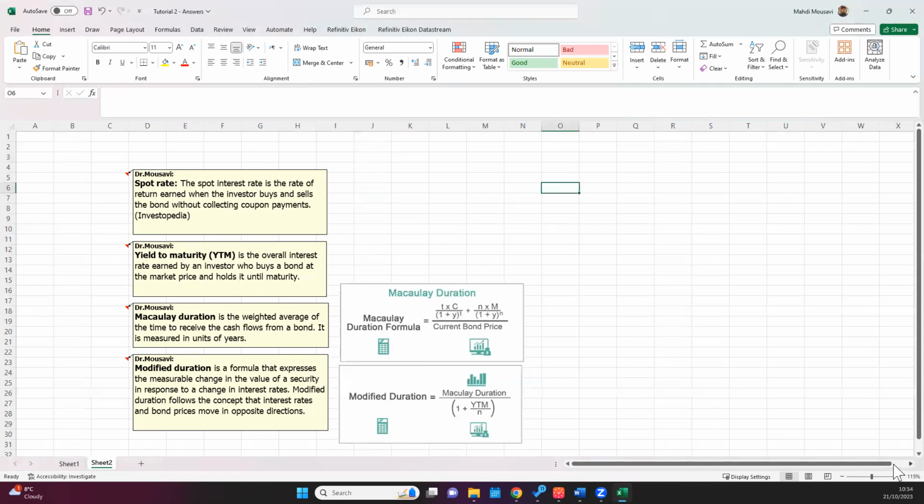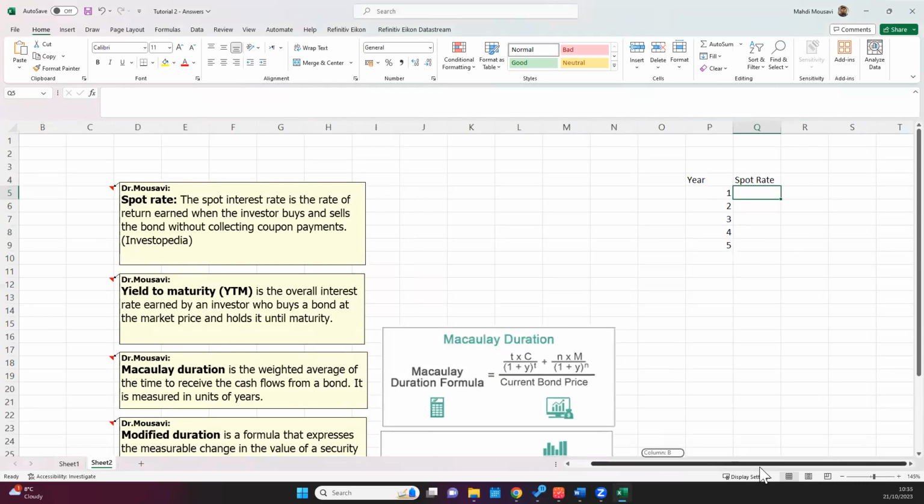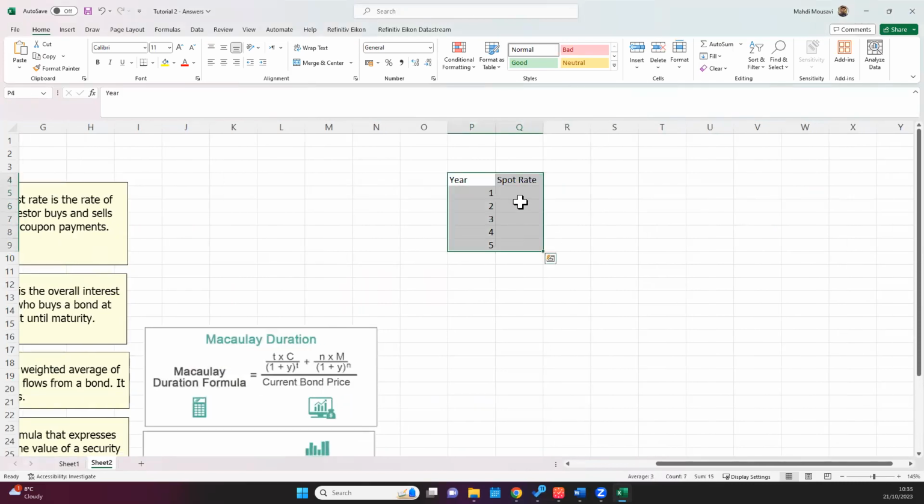So in our question, we have a spot rate for different years, 1, 2, 3, 4, and 5. And we have the spot rates, which are 4.2%, 4.4%, 4.8%, 5.4%, and 5.8%.